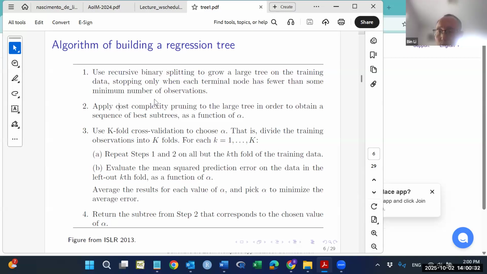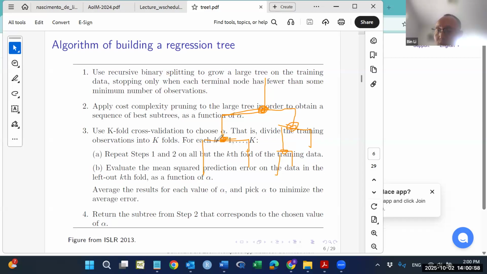Okay, so here you can see when we fit a tree, like this is a tree. What we do is we first do the binary splitting here, right? Then we have the number of samples that fall into this. Then we do a binary splitting here, and here, and here.